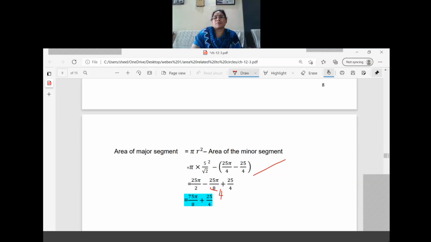It is 25 by 4 only. So here we will get 25 pi by 2 minus 25 pi by 4 plus 25 by 4. After the simplification, you will get 75 pi by 8 plus 25 by 4 only.